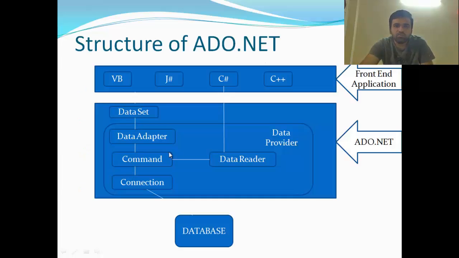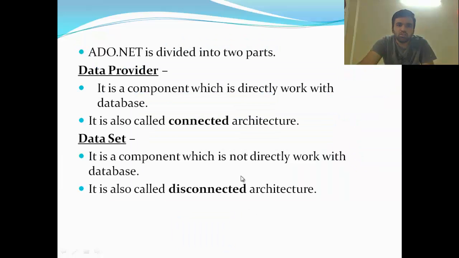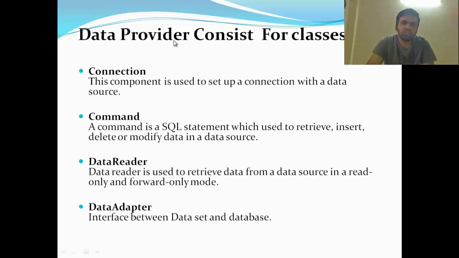In simple words, data provider directly works with database and dataset does not. In the next point, data provider is also called connected architecture and dataset is called disconnected architecture. Why it is called connected and disconnected, we will see later.